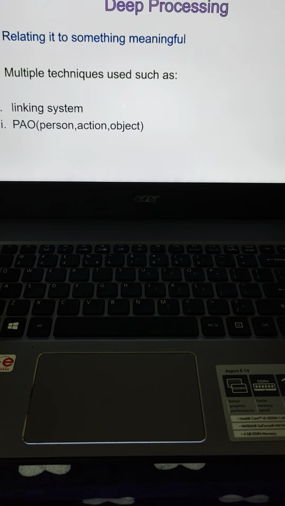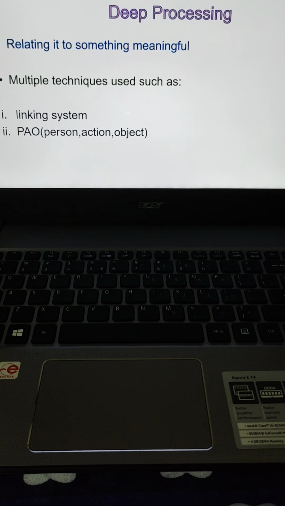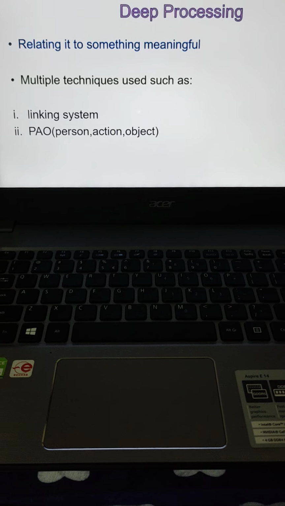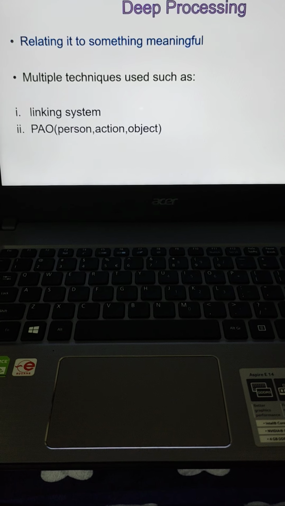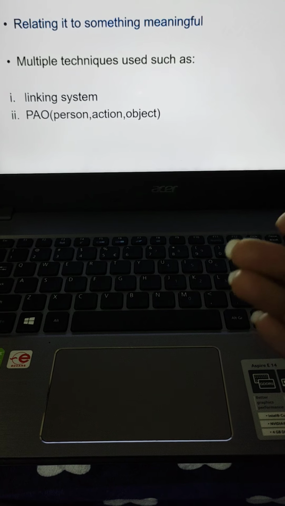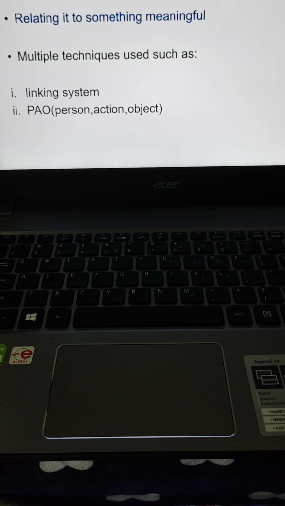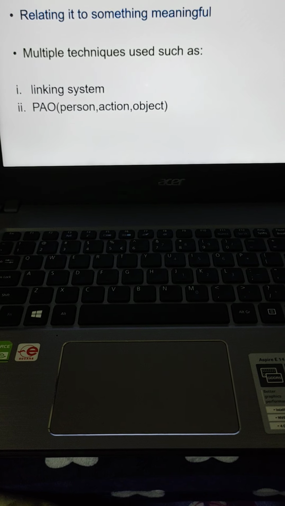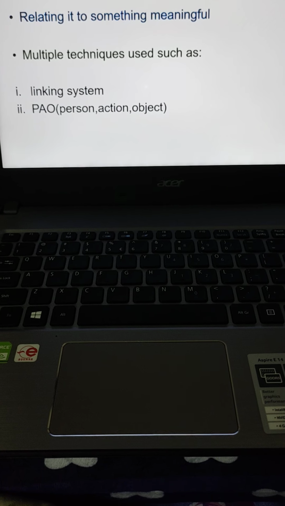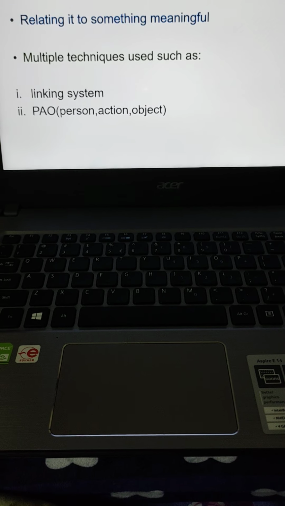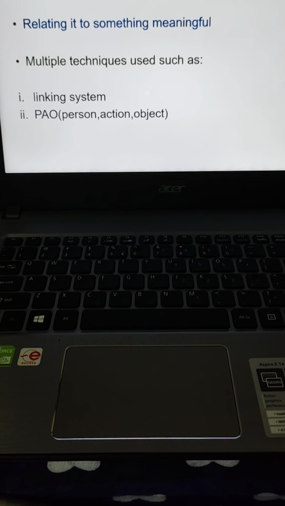PAO refers to person, action or object. In retaining information, you can use these two kinds of methods so that it can be useful and easy for you to retain information and have it stored for a long time.